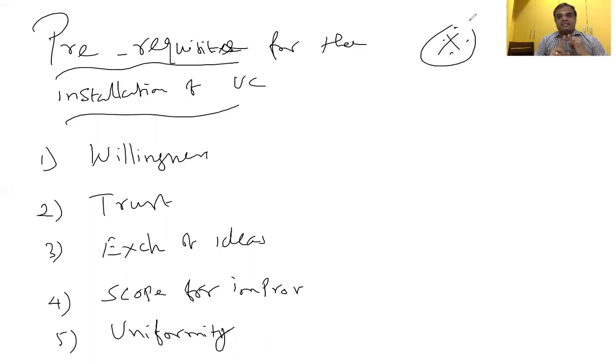First, willingness, trust, exchange of ideas, scope for improvement, and uniformity. First, willingness represents what? The firms, the companies, the units in the same industry should be willing to share the information. They should be ready to share info. Sharing the information is not an easy task.